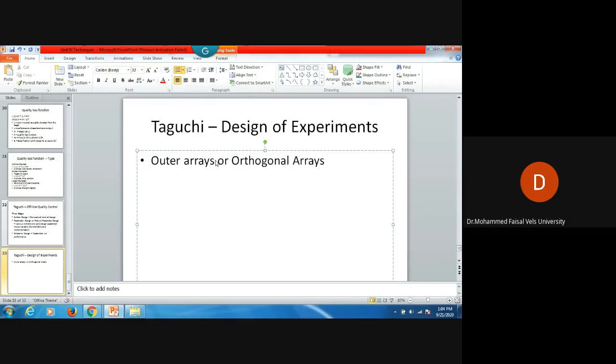Orthogonal arrays, where he emphasized more or less design of experiments similar to the statistical one, not a different one.